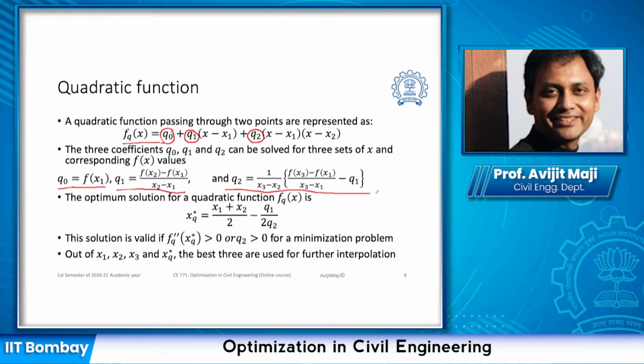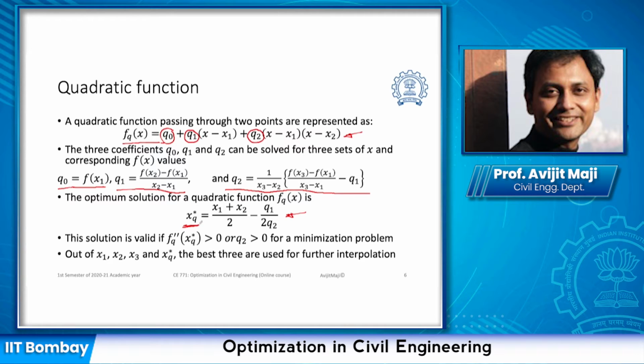Once we do this and fit into this quadratic function and try to optimize that function, we can see that the optimum point is going to lie at this particular location. So this particular location is going to be my point for the given objective function to further investigate.